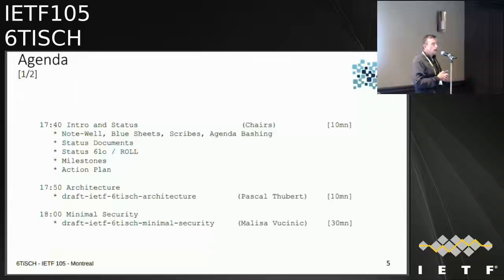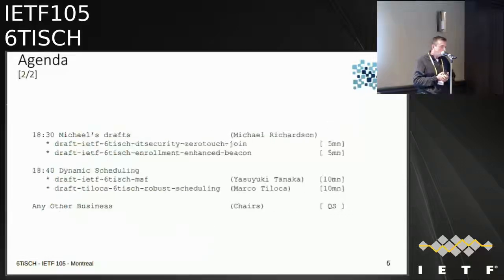As I said, Malisha will go through the operation of Minimal, and in particular the resolution of the issues that we found discussing the 6TISCH architecture security section. And then Michael is here. Michael will discuss 2 drafts, and I have slides only for 1. So I expect that for the other, you can live without slides.